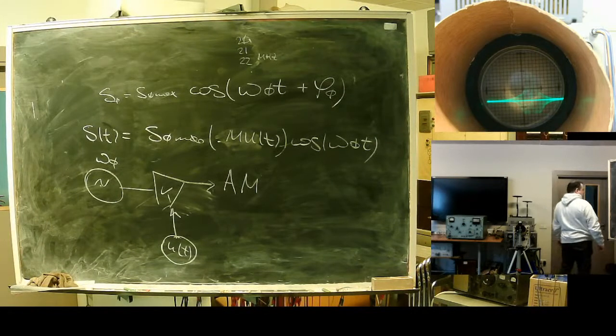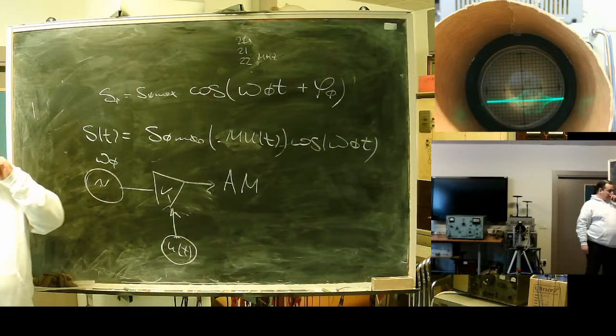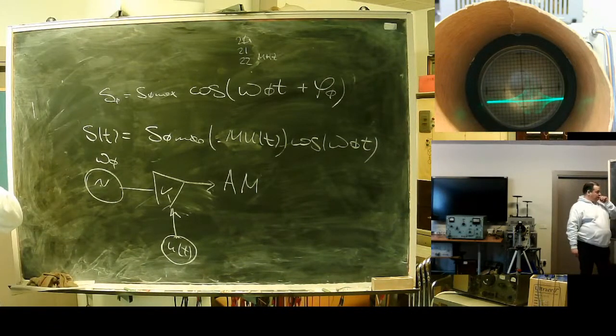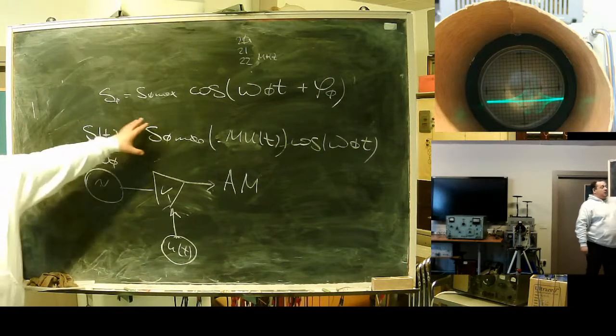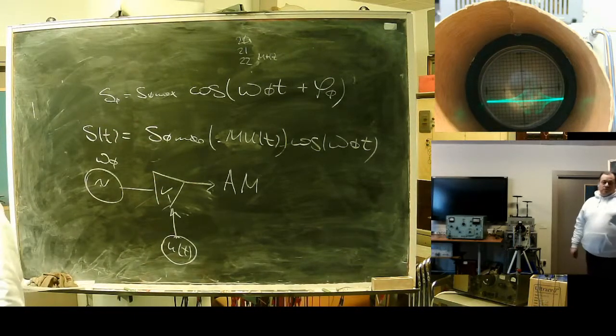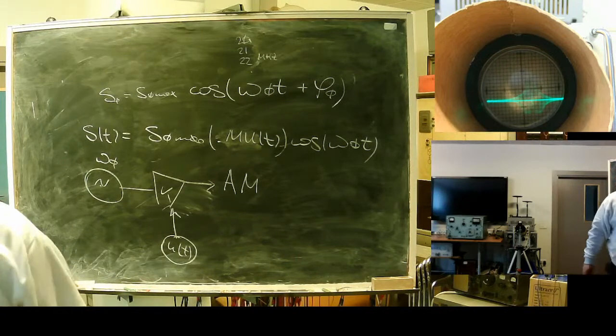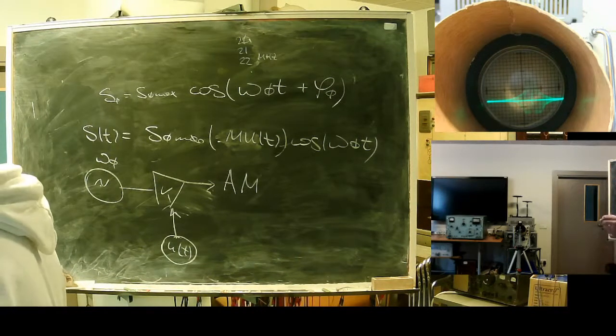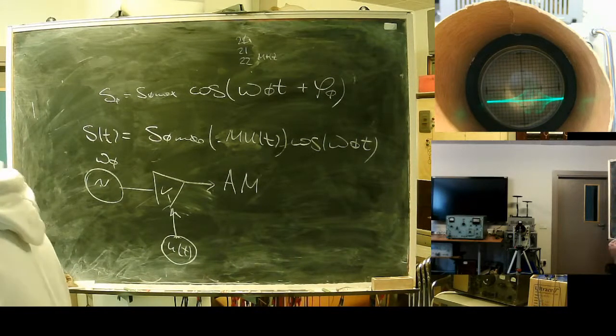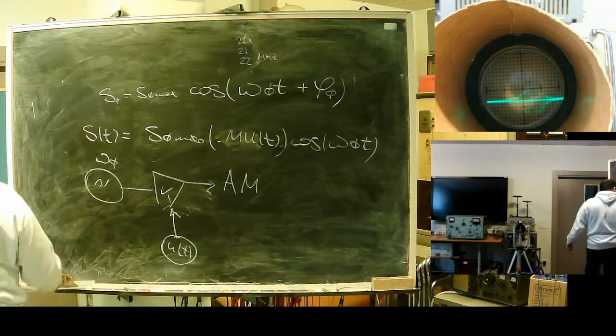Amplitude modulation. We can use signal amplitude to, let's say, as a way to place our information. It's the easiest way.